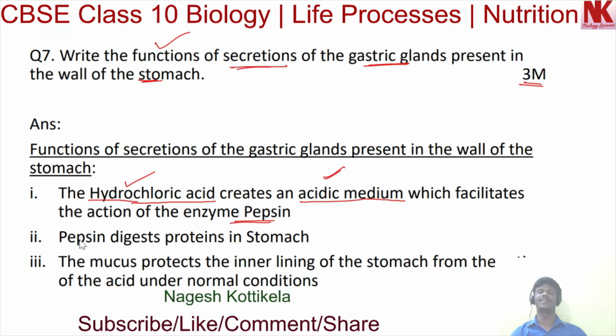The second secretion, pepsin, is an enzyme. Pepsin is a protein digesting enzyme. It digests proteins in the stomach. This is also secreted from gastric glands. And the third secretion is mucus, secreted from the gastric glands. Here, goblet cells secrete mucus.